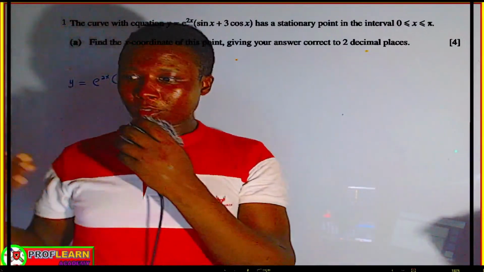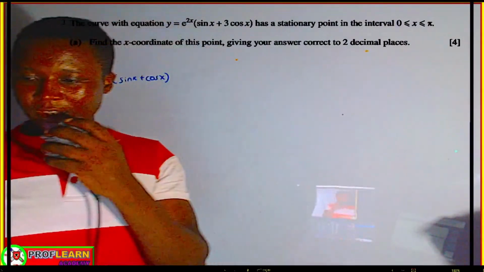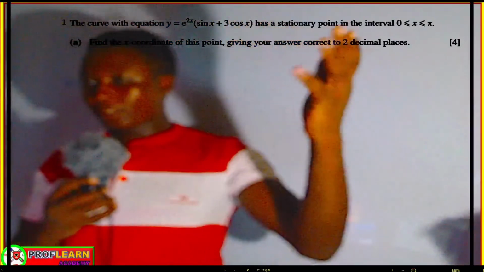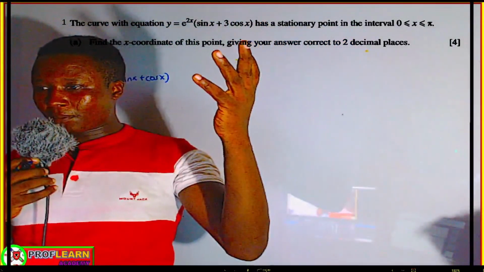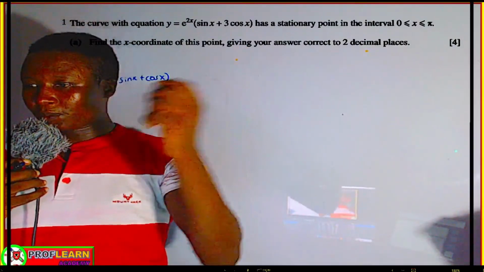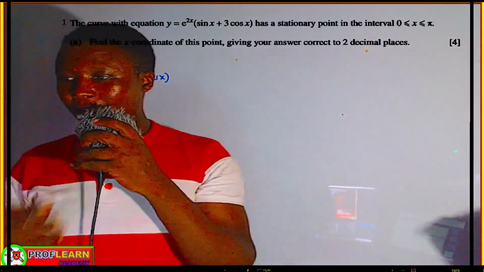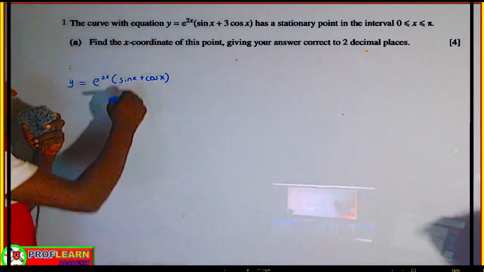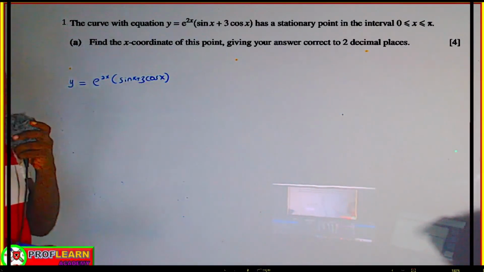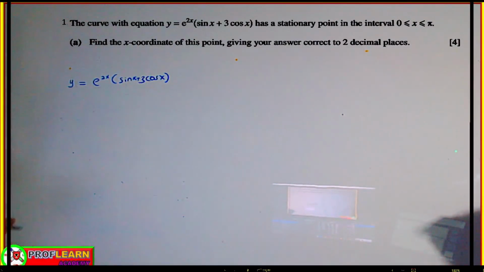So if you look at whatever we are given at this particular point, you realize that in this function there's no fraction divided, so we have e to 2x multiplied by sin x plus 3 cos x.